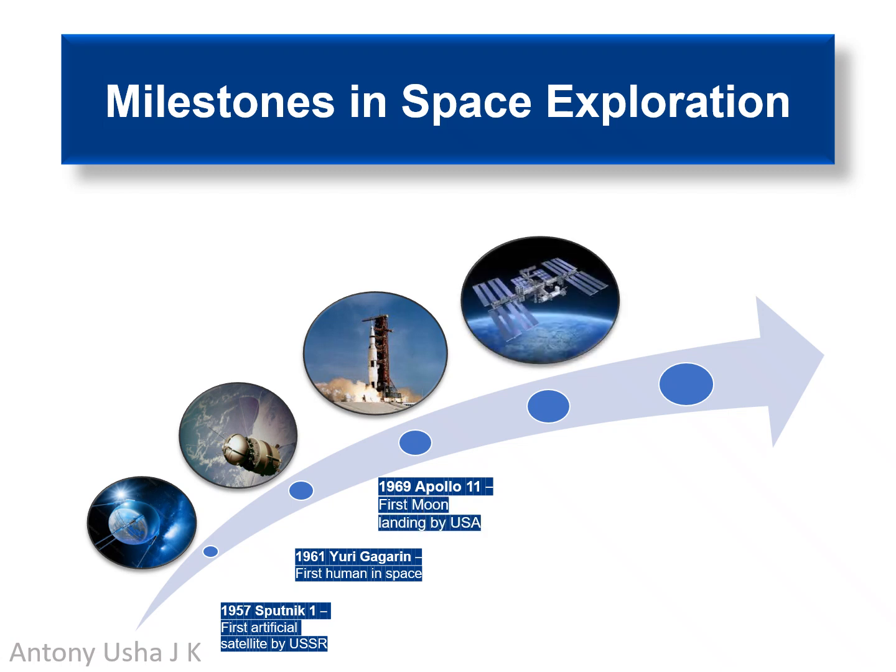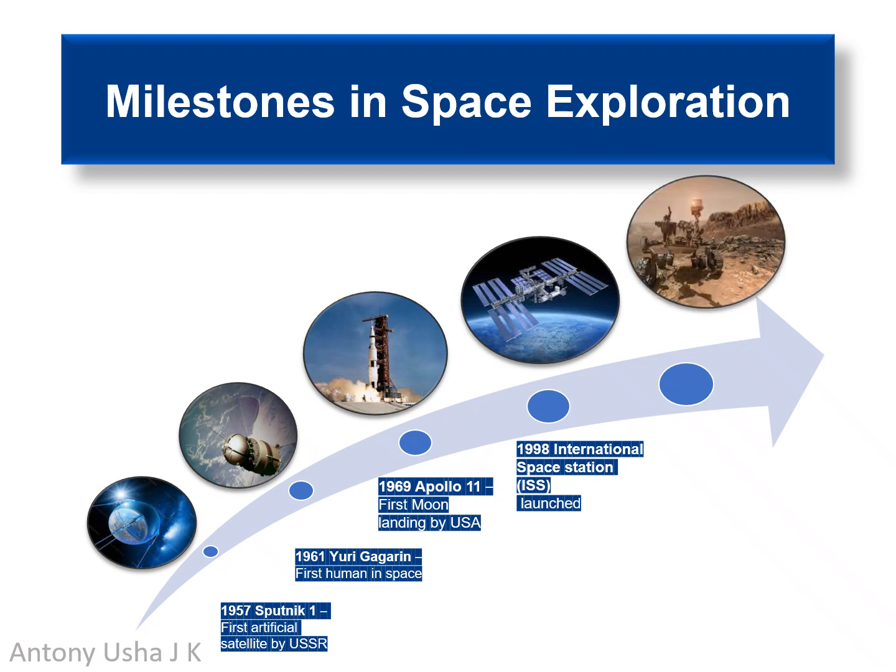Fast forward to 1998, the launch of the International Space Station marked global cooperation in space research, and in 2021, NASA's Perseverance rover touched down on Mars, pushing the boundaries of planetary exploration.